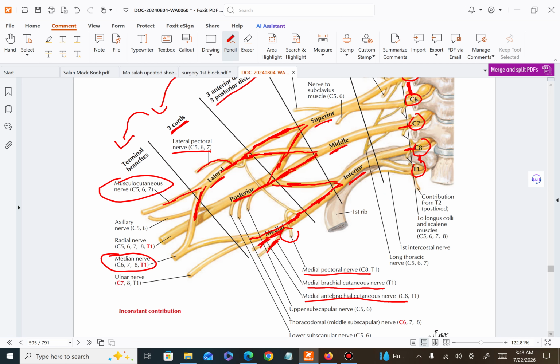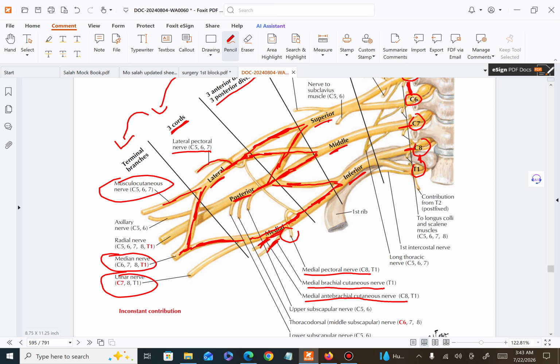Then the next branch is the medial root of the median nerve. The median nerve has two roots: the lateral root is given by the lateral cord, while the medial root is given by the medial cord. These two roots form the median nerve. Then the main branch of the medial cord is the ulnar nerve.